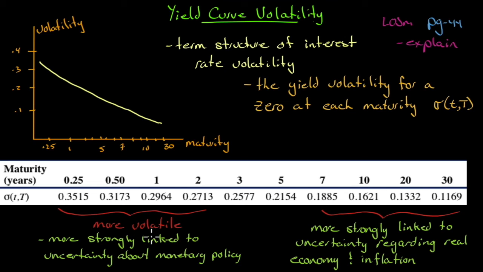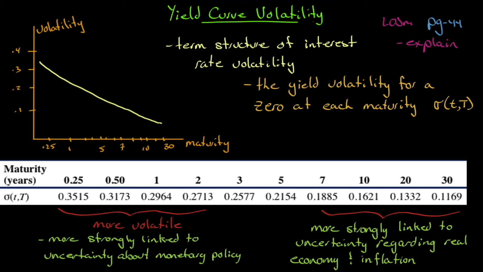Before any central bank meeting, there's always some anticipation of something that's reflected in rates, and when the announcement is made, either it is or it isn't the way it's supposed to be, so that whatever was priced in gets taken out, whatever wasn't priced in gets put in, so there's a lot of volatility at the short end. Whereas volatility at the longer end of the curve is more strongly linked to uncertainty regarding the real economy and inflation.